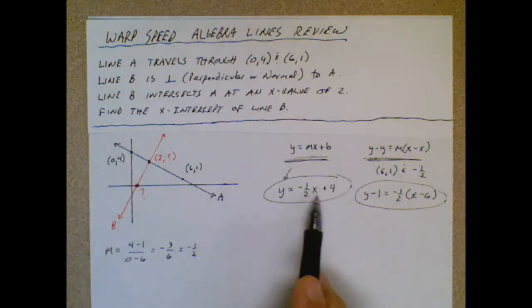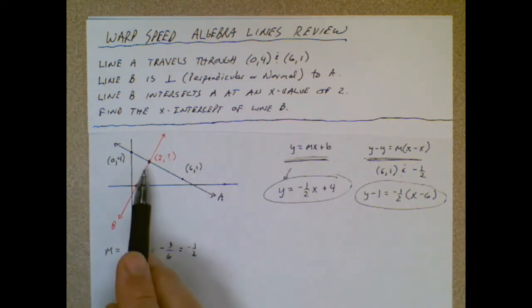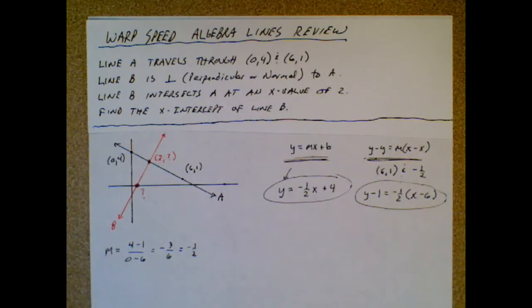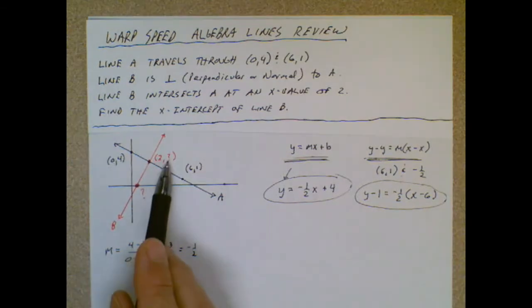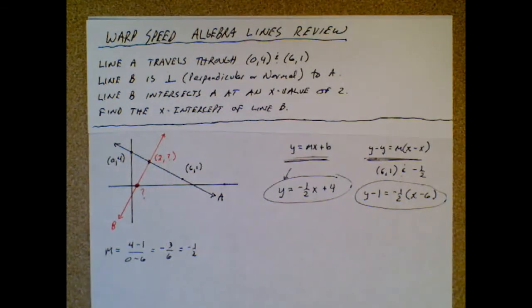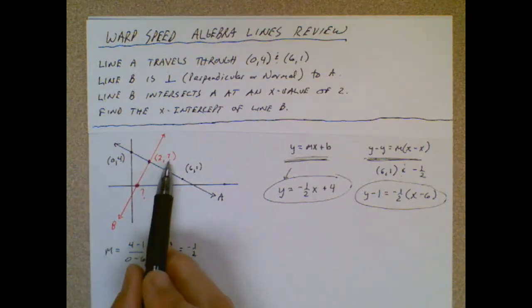All right, keep in mind, we're eventually trying to find the x-intercept. We're not there yet. We know that these two lines intersect at an x value of 2, and we don't know the y value. Of course, I know you could figure it out just by counting slope, but let's pretend you couldn't and the problem was more complicated. We're now going to move on to finding that y value.